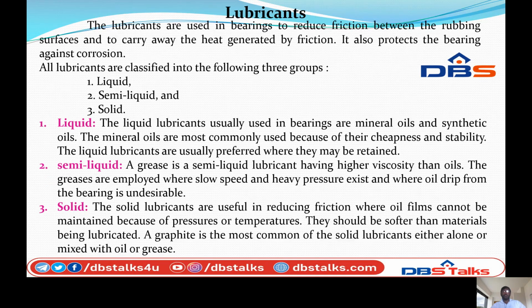So next, lubricants. What are the lubricants used in bearings? Lubricants are used in bearings to reduce the friction between the rubbing surfaces and to carry away the heat generated by the friction. They also protect the bearing against corrosion.